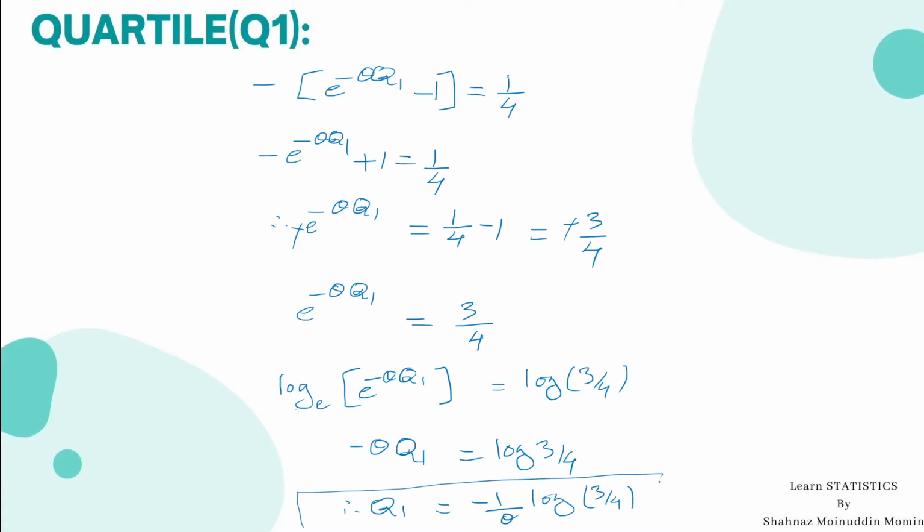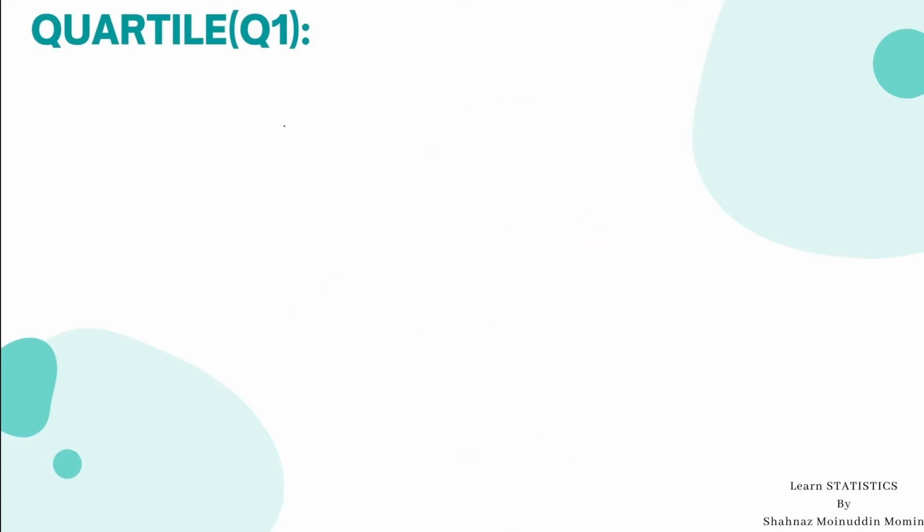This is the first form of Q1. One may adjust this minus sign with the logarithm, meaning Q1 is equal to 1 by theta log of 3 by 4 raised to minus 1, like this.